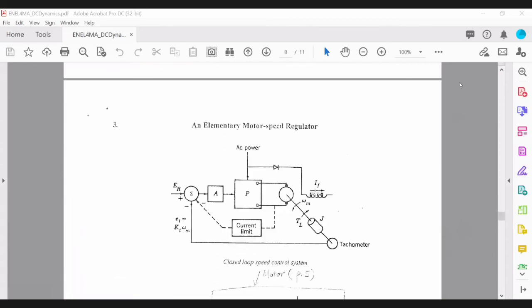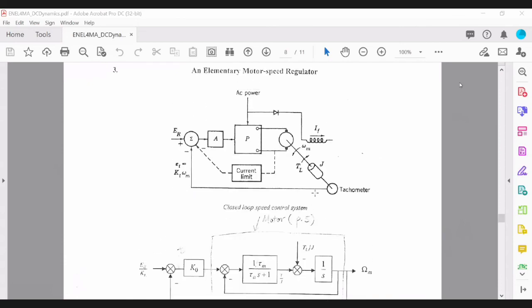The next part is elementary motor speed control. It's the closed loop speed control of a DC motor. This is the structure of this closed loop speed control system.